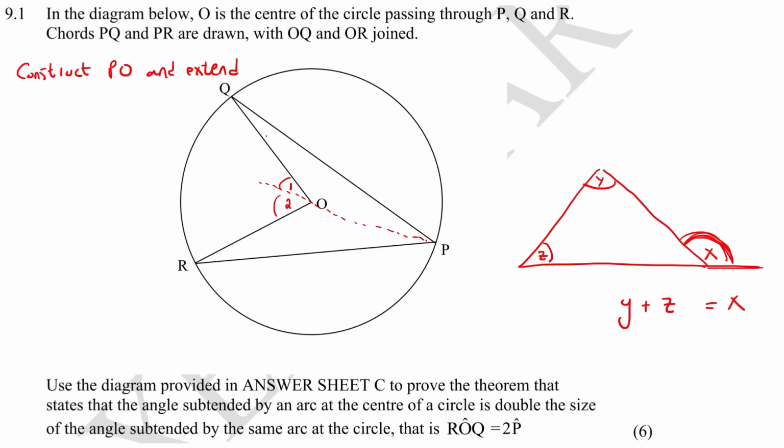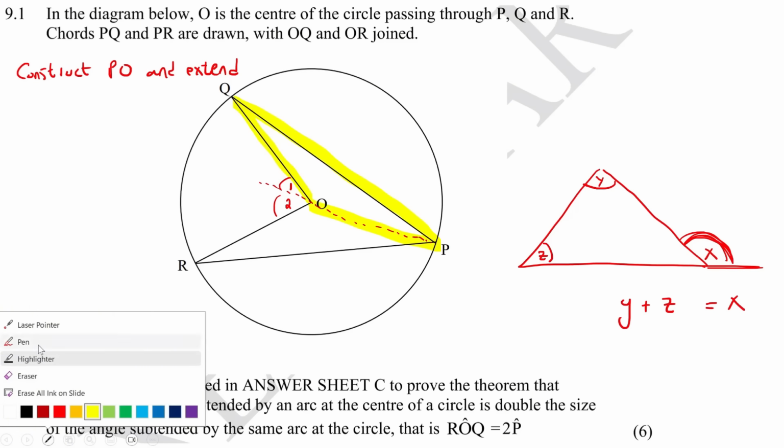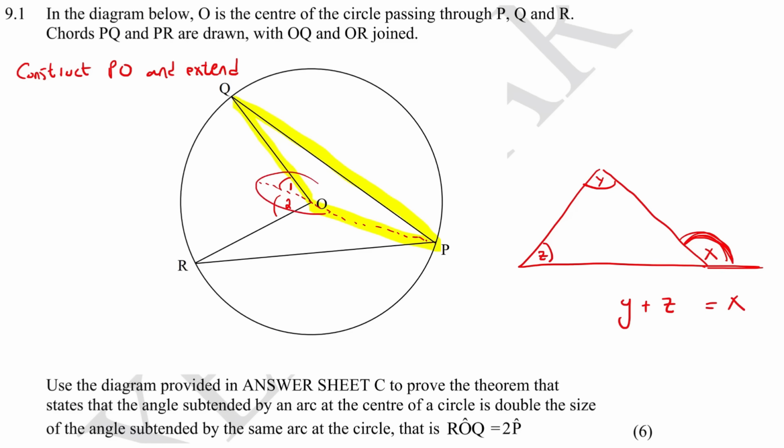Okay? So if you look then at this triangle here, sorry, this one here, then you need to identify that O1 is the outside angle. So O1 will be the sum of the other two opposite angles.